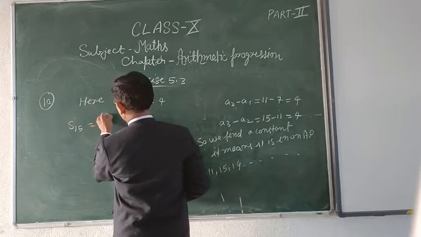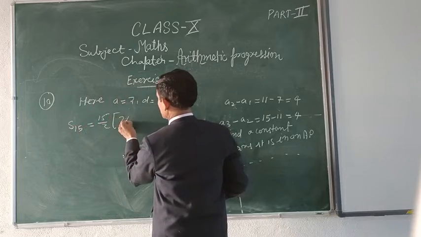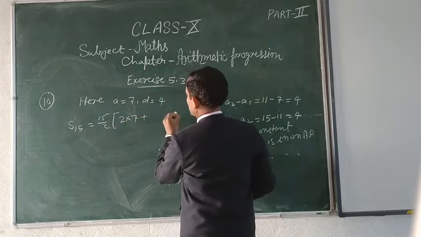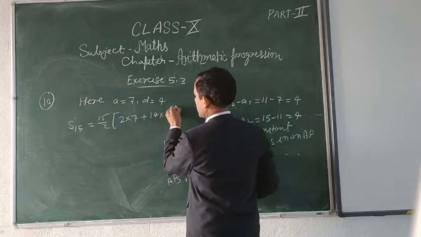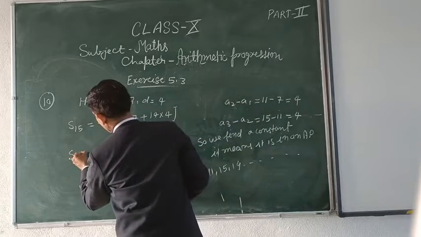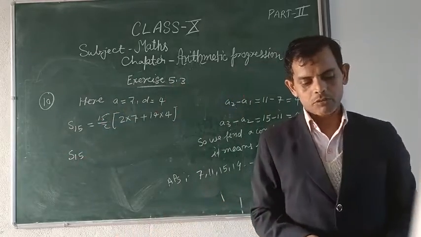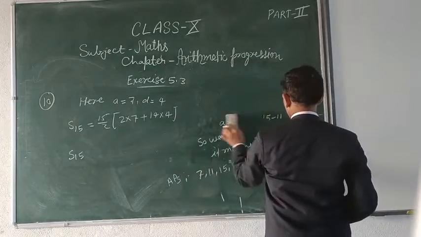Then 15 by 2 into 2 into 7 plus 15 minus 1, which is 14, into 4. Okay, and after calculating we are able to find the value of S15. Okay, now we take another question.